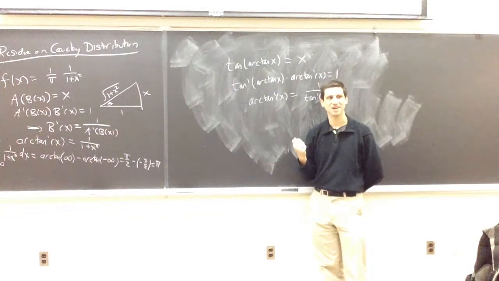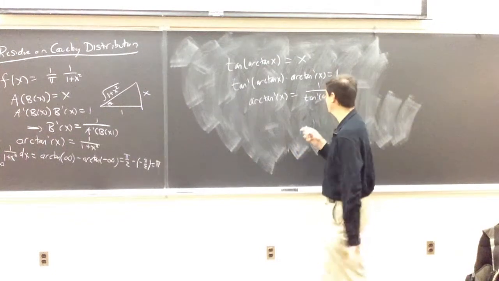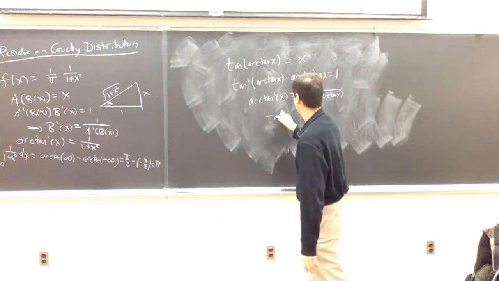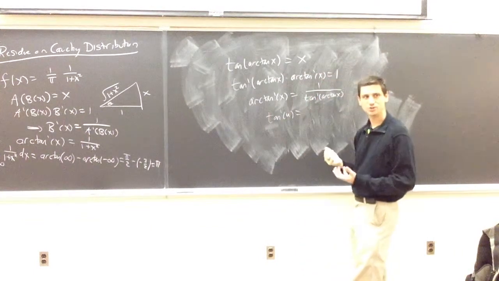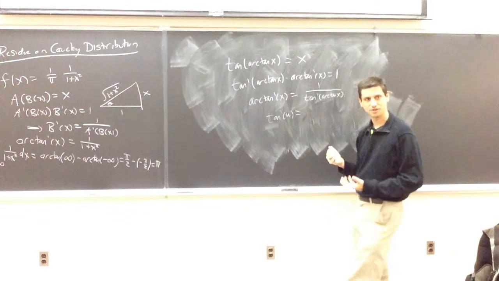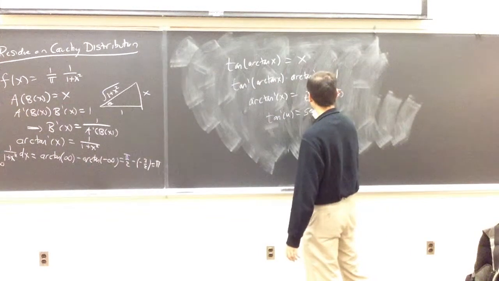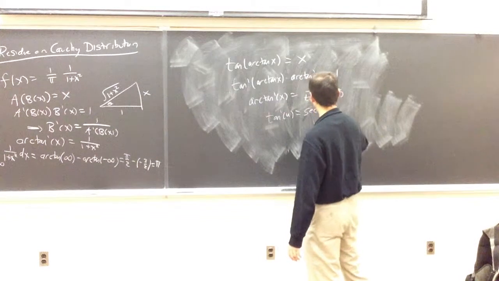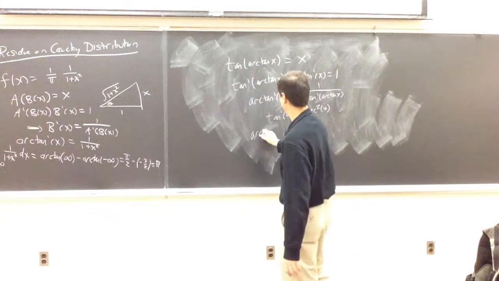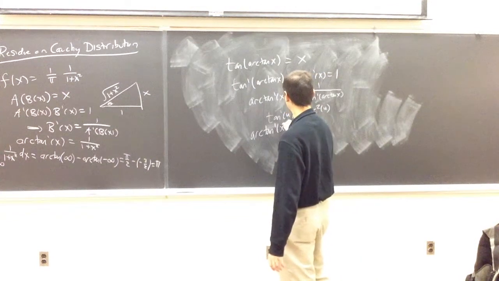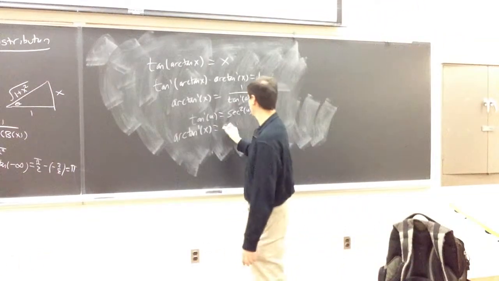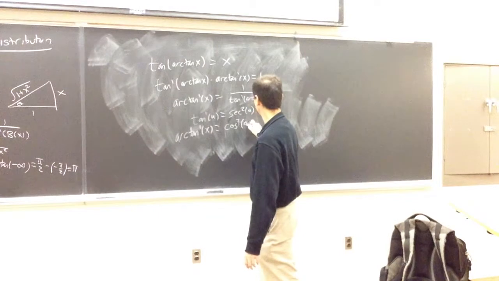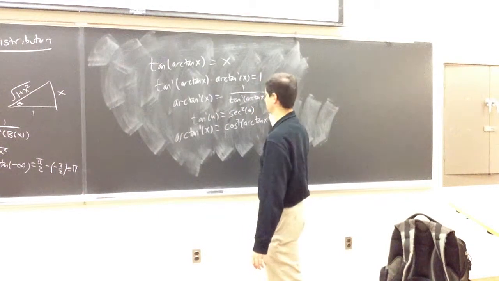The derivative of sine over cosine, use the quotient rule, you get tangent prime of u is going to be a cosine squared, so it's going to be a secant squared. So it's 1 over cosine squared, it's secant squared of u. So we get arctangent prime of x, well 1 over secant squared, secant is 1 over cosine, so we get cosine squared of arctangent of x.